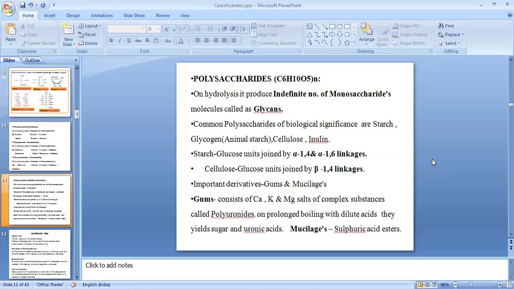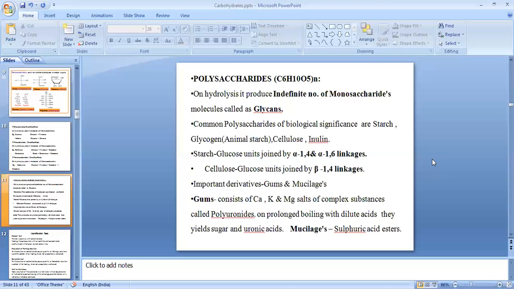And apart from these saccharides, the important derivatives or class of carbohydrates comprise gums and mucilages too. Already we know that pentoses are present in gums and mucilages. These gums are the calcium, potassium, and magnesium salts of complex polysaccharide units called polyuronides.